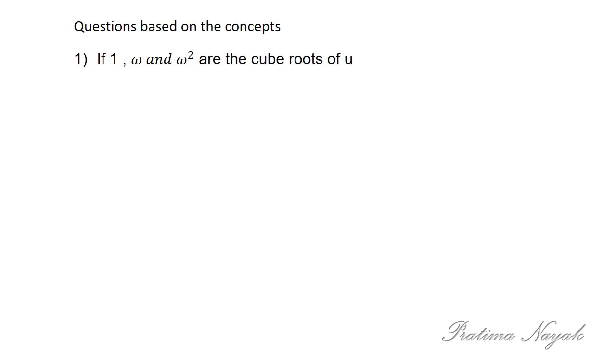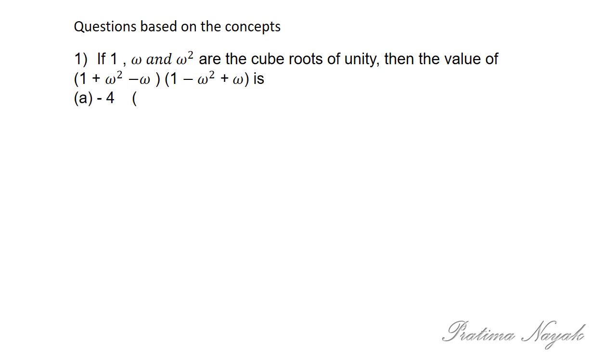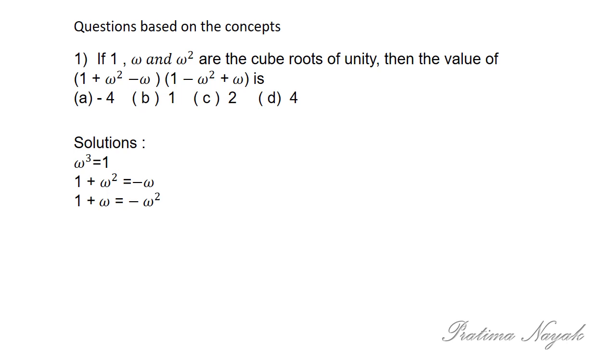First question is, if 1, omega and omega square are the cube roots of unity, then the value of (1 plus omega square minus omega) whole into (1 minus omega square plus omega) is. Four options are given. Now the solution is, we know that omega cube is equal to 1, 1 plus omega square is equal to minus omega, 1 plus omega is equal to minus omega square.